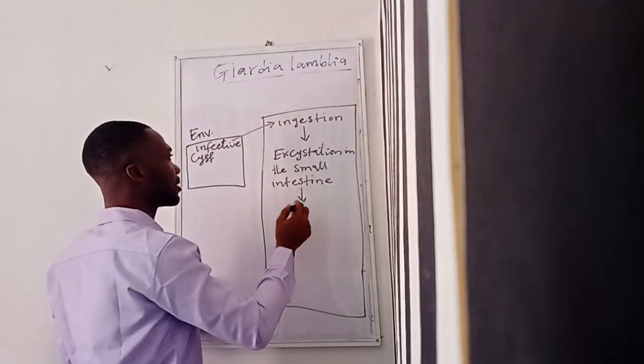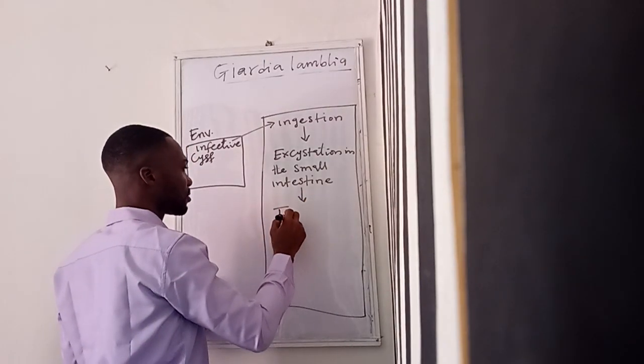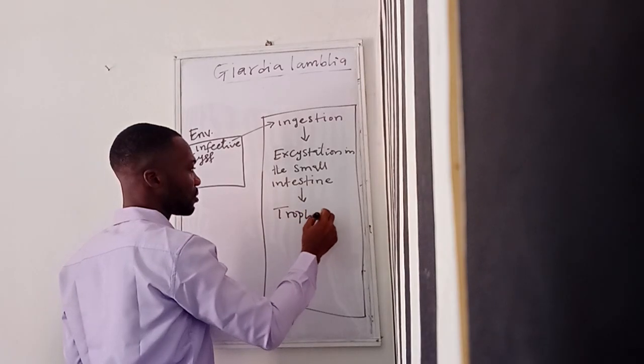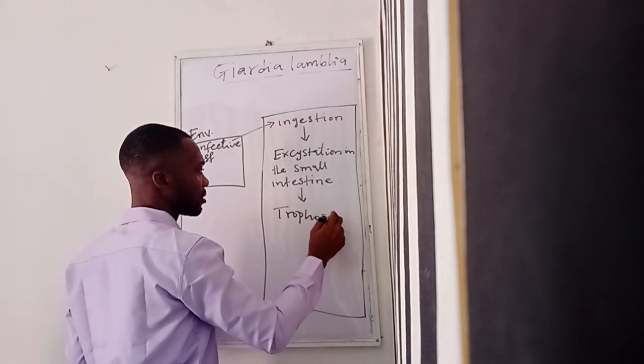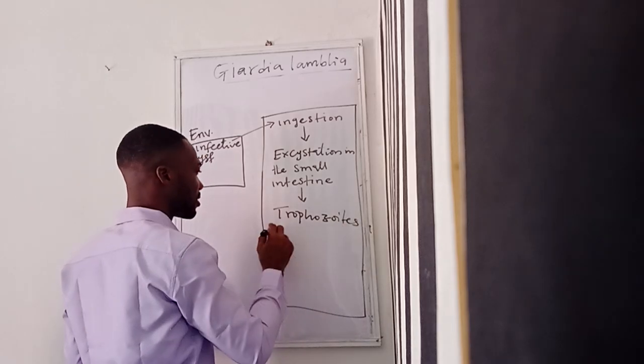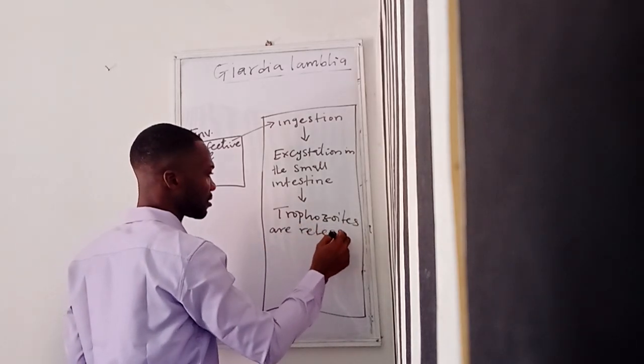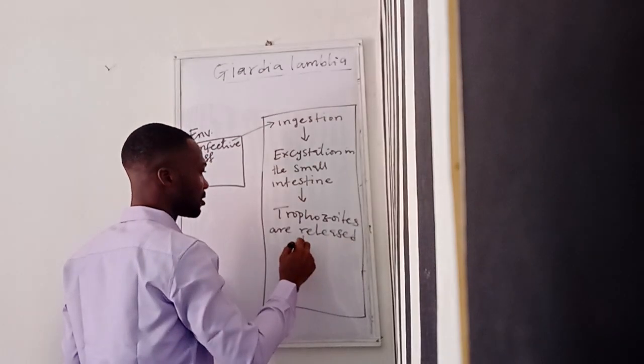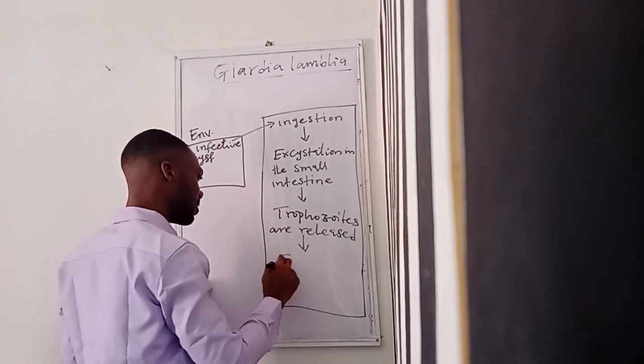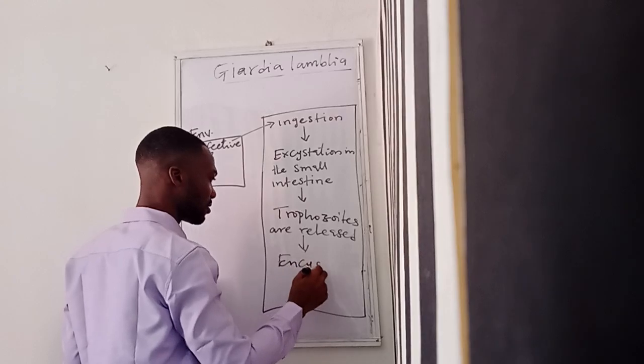Then what again? Trophozoites. Trophozoites are released. Then when they are done causing harm, then encystation occurs.